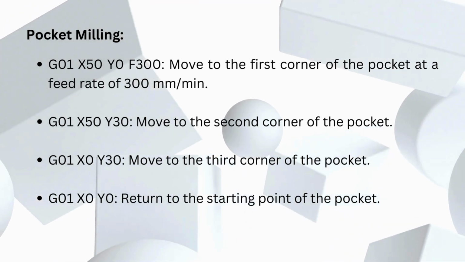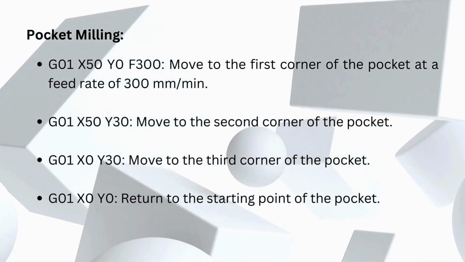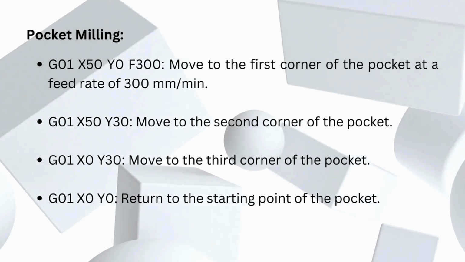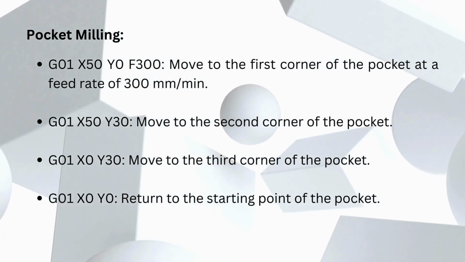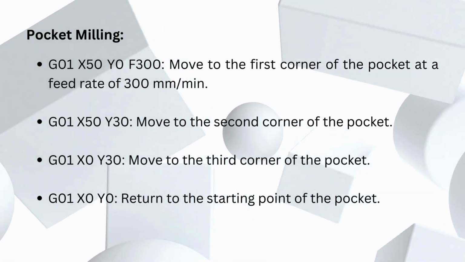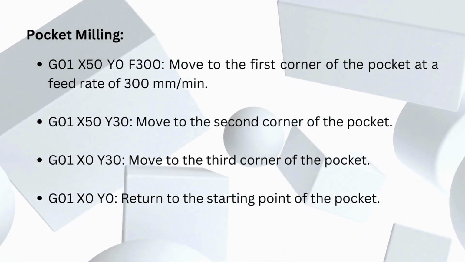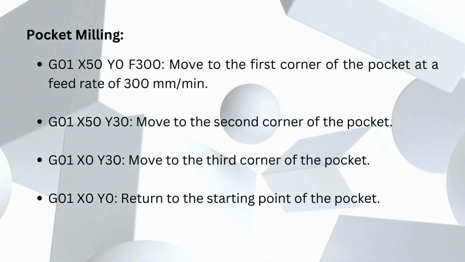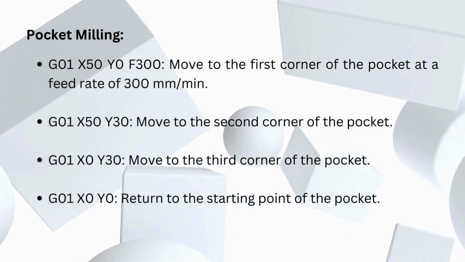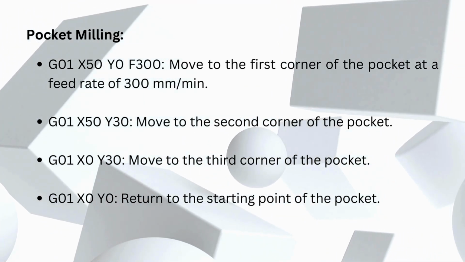Pocket milling. G01 X50 Y0 F300, move to the first corner of the pocket at a feed rate of 300 mm per minute. G01 X50 Y30, move to the second corner of the pocket. G01 X0 Y30, move to the third corner of the pocket.